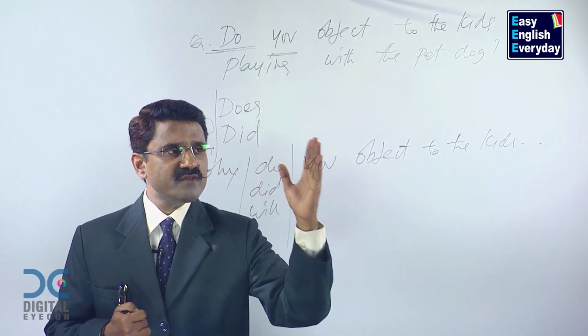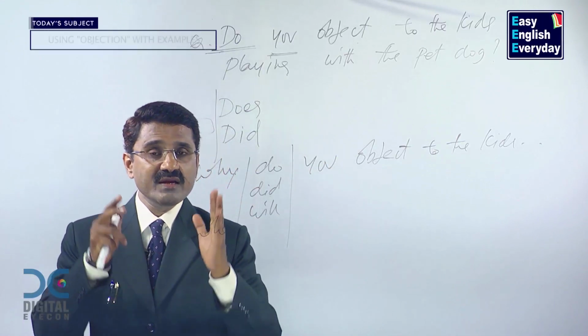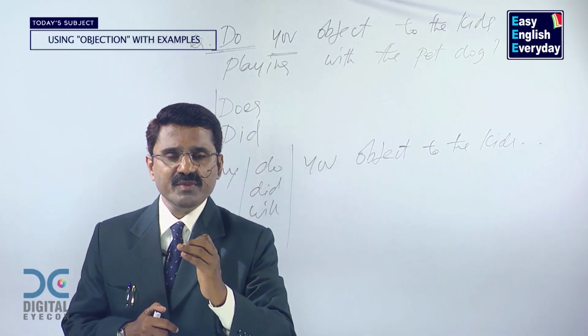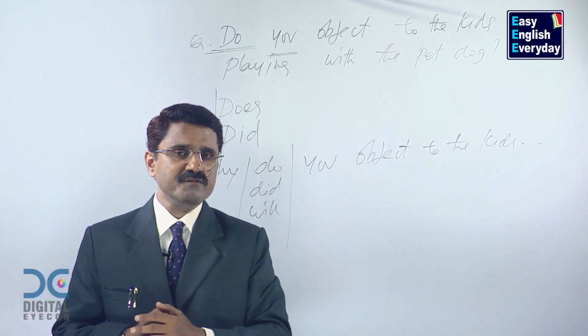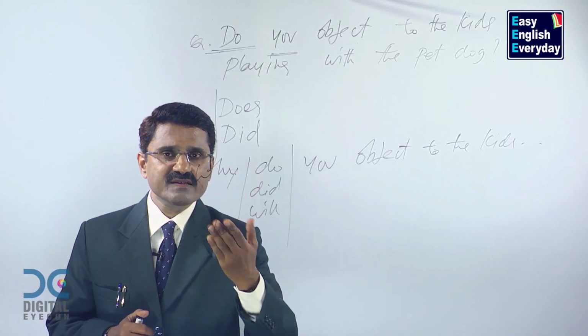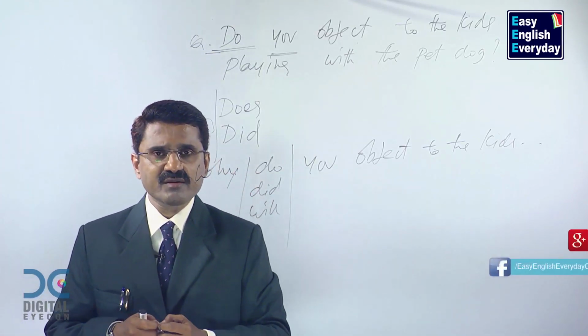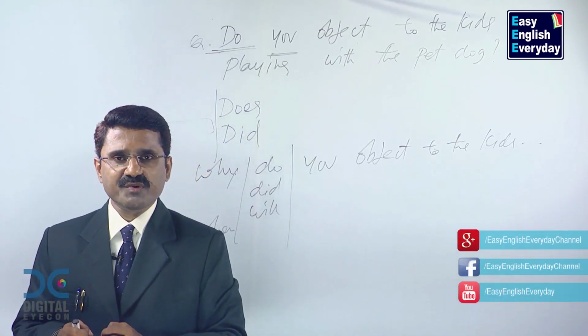So this is one of the most important expressions in English language, especially from the conversation point of view. Always remember, when two people are talking in English language, please listen to them carefully. What type of sentences are being used by them? What type of words are being used by them? Is it formal or informal? And kindly make note of those expressions.